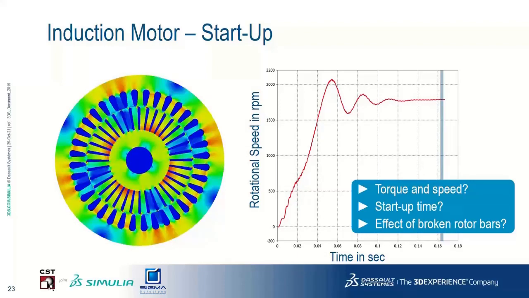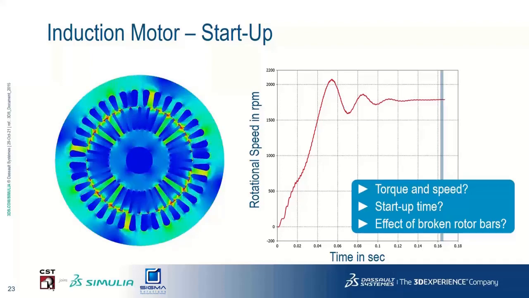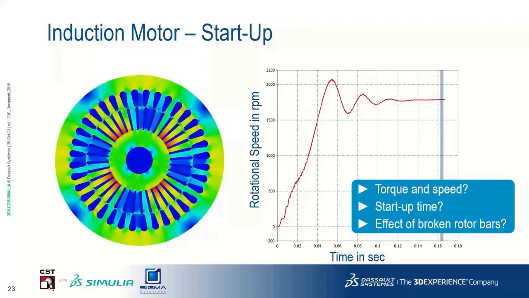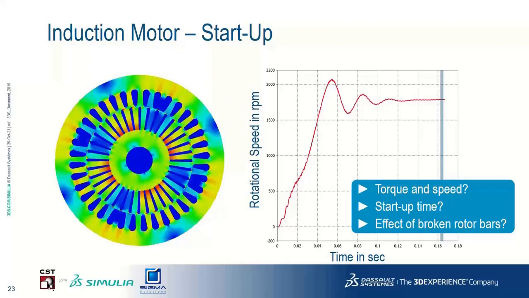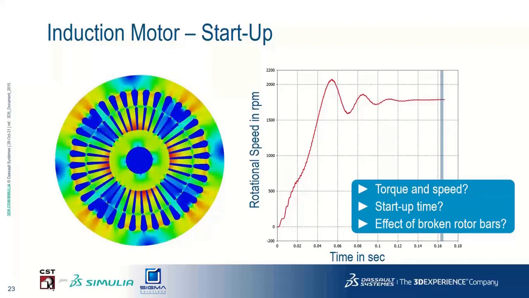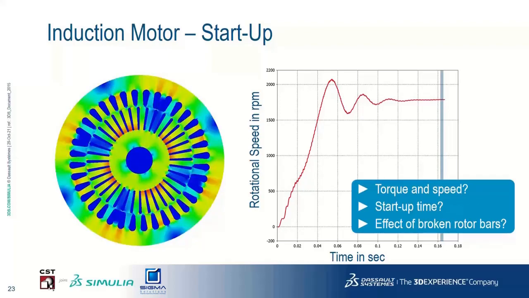You want the rotational speed to basically converge as quickly as possible. So those ripples there, you want to reduce them. You might also look at, what if parts of my motor are damaged? How would this affect the startup or the performance of the motor?